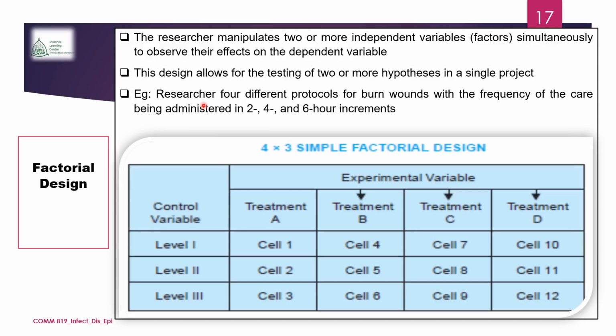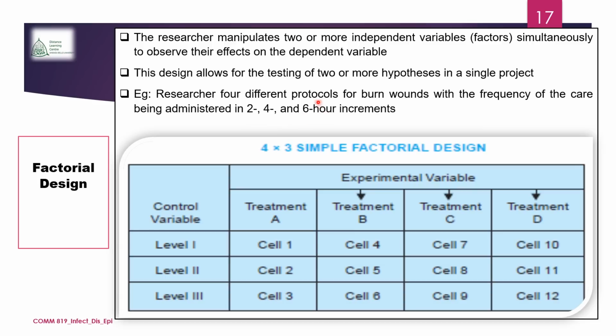An example: a researcher tests 4 different protocols for burn wounds with the frequency of the care being administered at 2, 4, and 6 hours increment. So when you put this together, you have 4 different protocols, treatment A, B, C, and D, and looking at them at different times, 2, 4, 6.